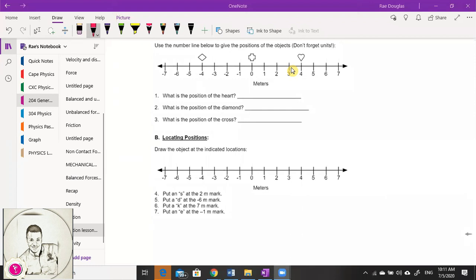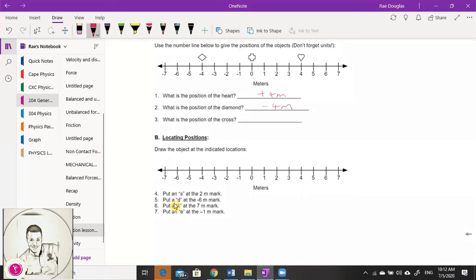Positive 4 meters. Good. Now, what about the position of the diamond? Negative 4 meters. Good, thanks.